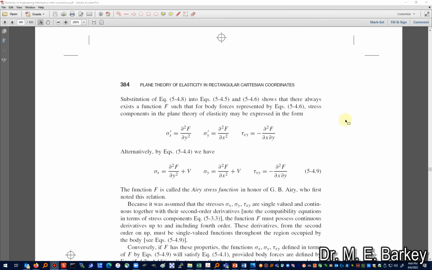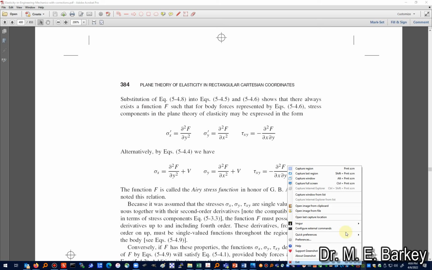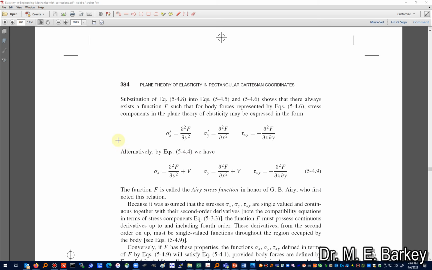All right, so what I'm going to refer you to then is in our book, equation 5-4.9, which tells us how to find the stresses given a potential function for body forces.